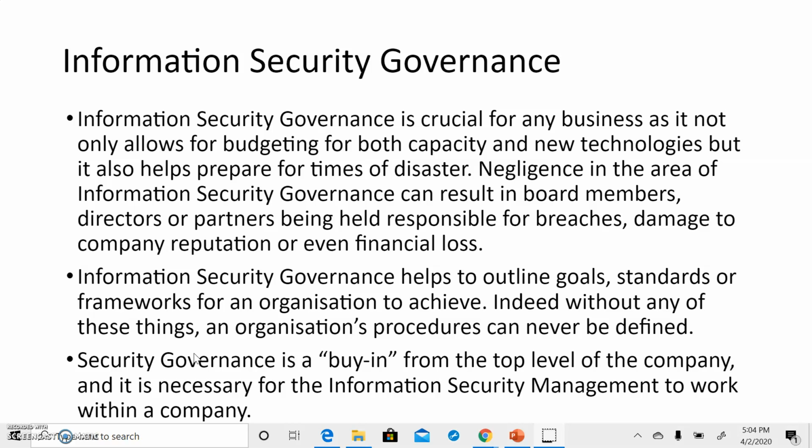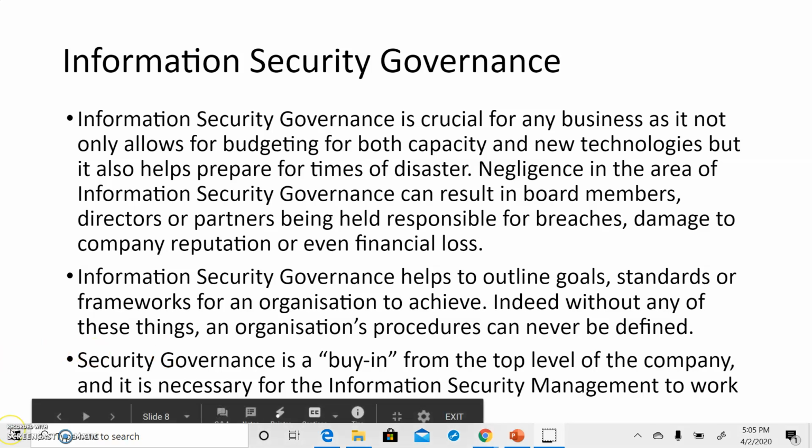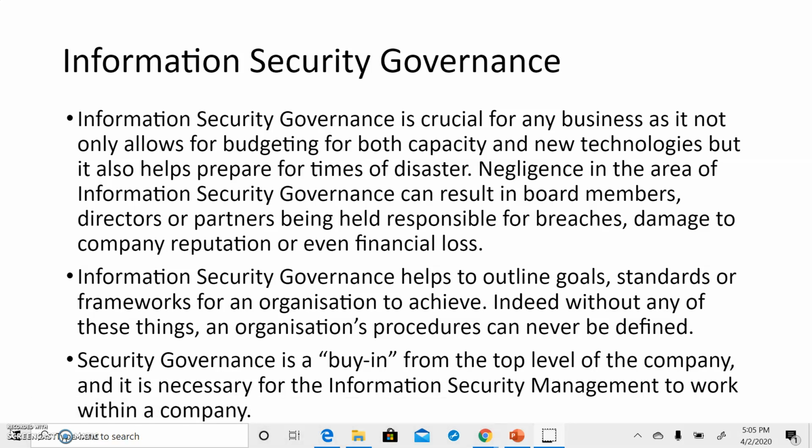The accountability of security governance is budgeting and checking the capacity of new technologies and preparing for the worst times or any kind of disaster. If any disaster or mishap happens, how will the company overcome the financial losses or damage to its reputation?